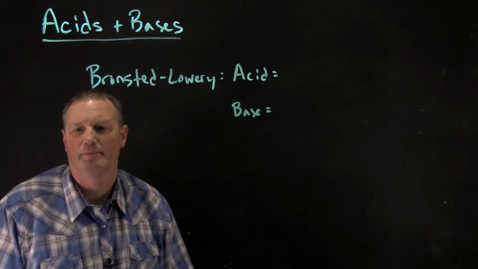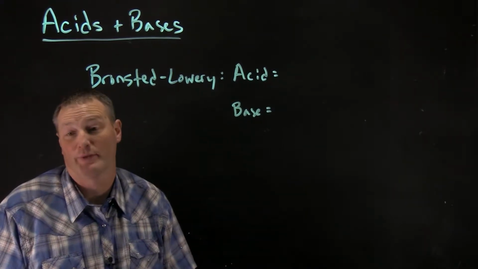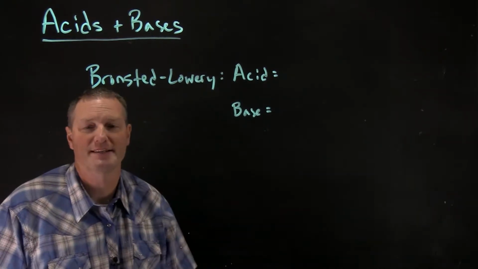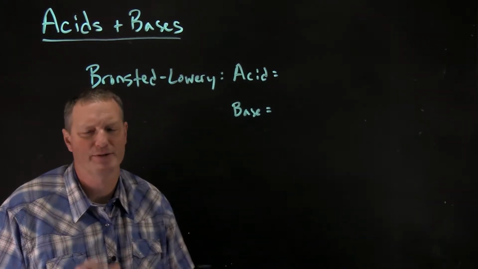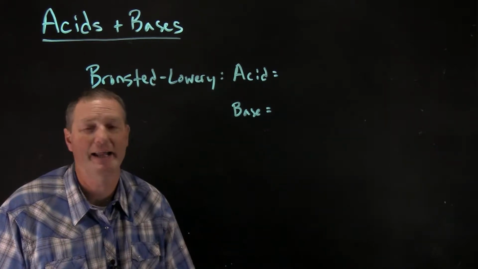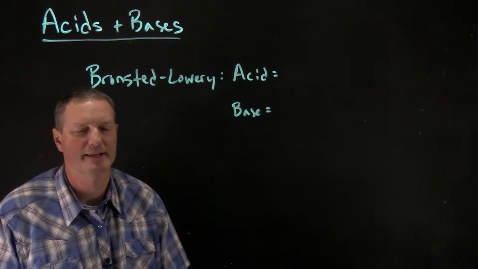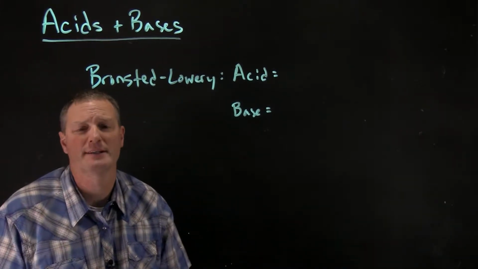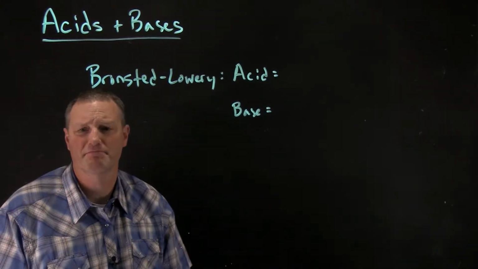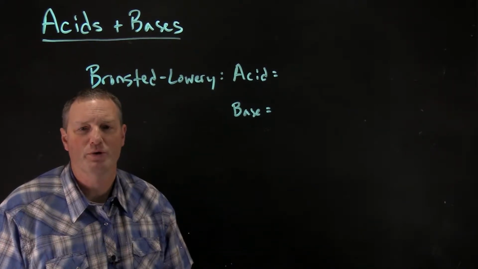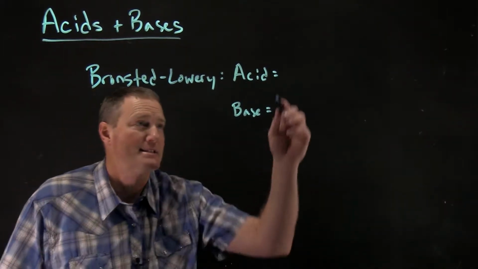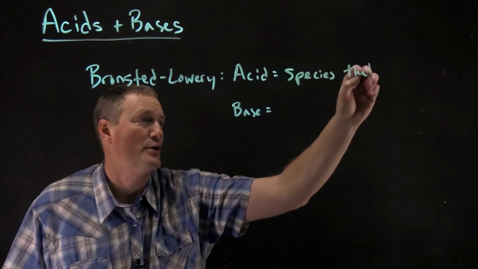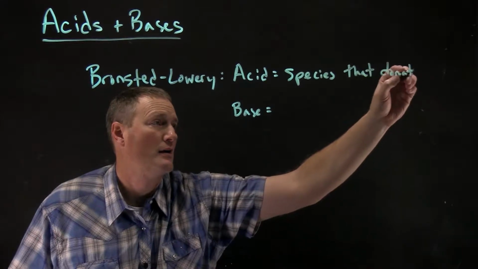Now, a broader definition of acids and bases is called the Bronsted-Lowry definition. This applies to all different types of acids and bases, not the specific things related to the Arrhenius definition. So this is the definition that is really more widely used. Let's take a look at what these are. A Bronsted-Lowry acid is a species that donates H+.